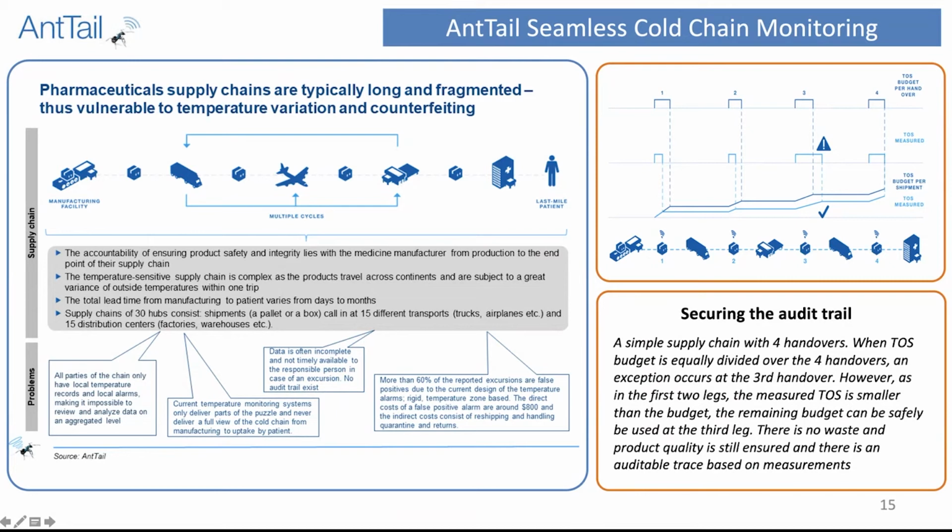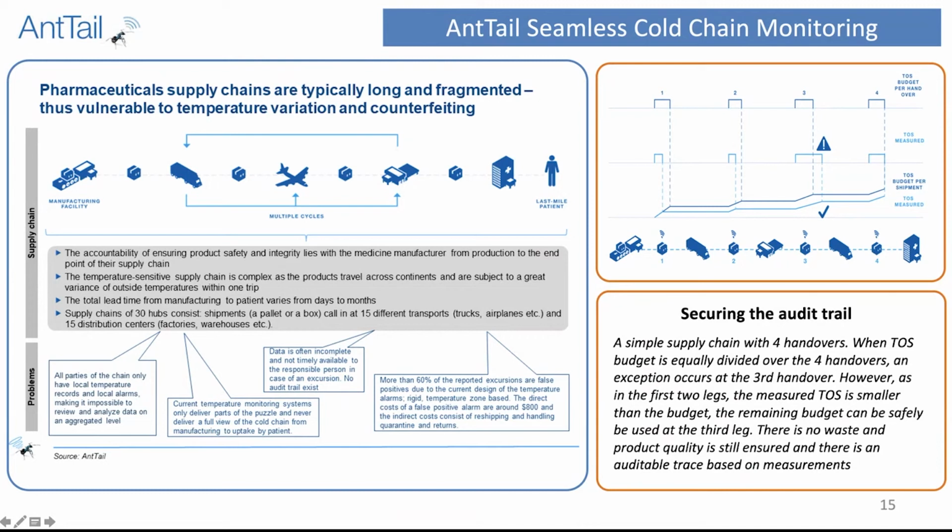So if in step 1 and 2, people use less of the budget than they're allotted, the allotted ones are on the top, 1, 2, 3, 4, you see them on the right side, and in the middle is what we actually measured. Then in step 3, normally this shipment would be disqualified and destroyed or shredded, because it went over the time out of storage that was budgeted for this step.